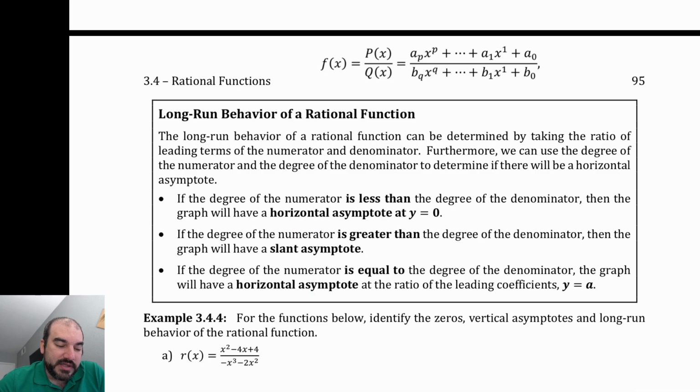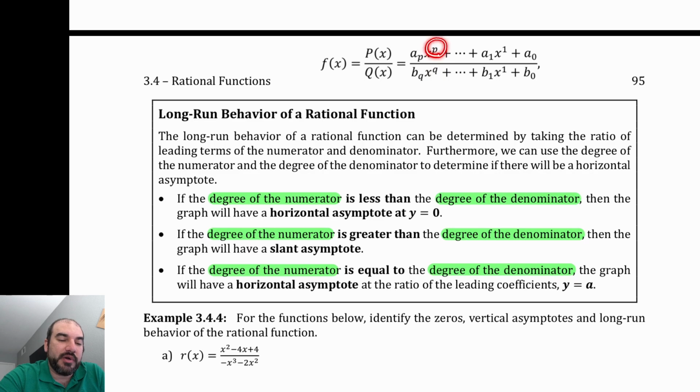So essentially we're comparing the degree of the numerator to the degree of the denominator in each of these cases. If you guys remember what degree is, the highest exponent, the biggest exponent in the numerator and the biggest exponent in the denominator.